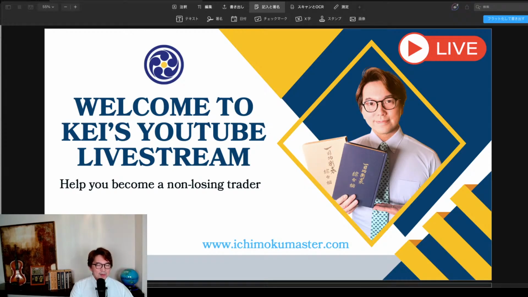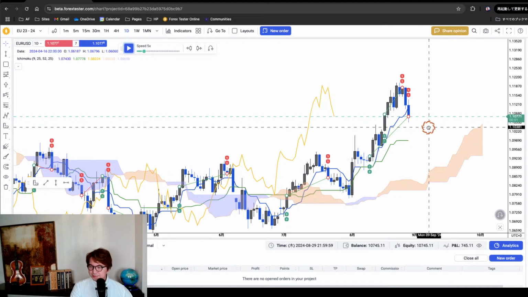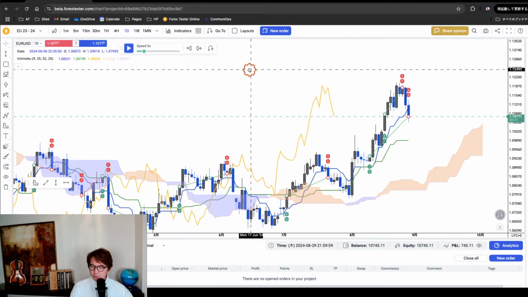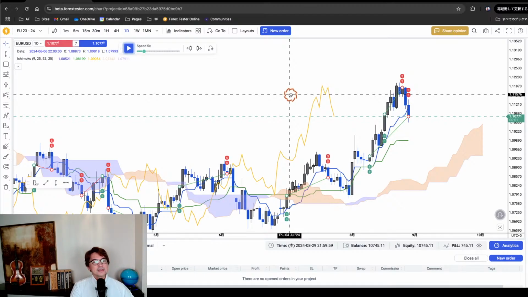So now let me switch the screen to Forex Tester Online, because I have been doing a project right now. This is about Euro USD, and here it is. By using this as a sample, let me show you how you can analyze your trades so far.